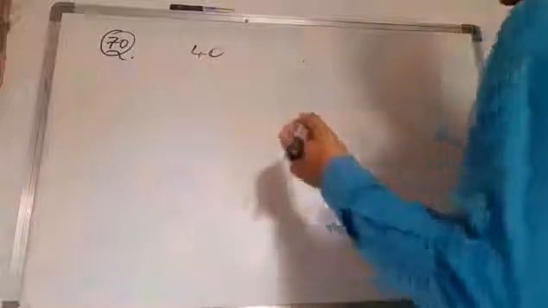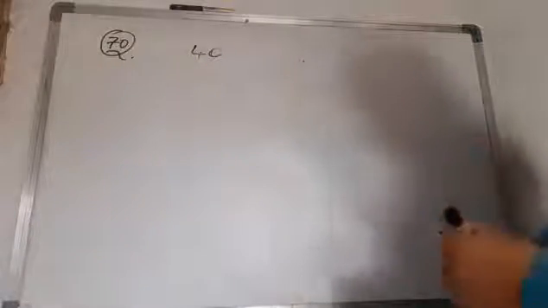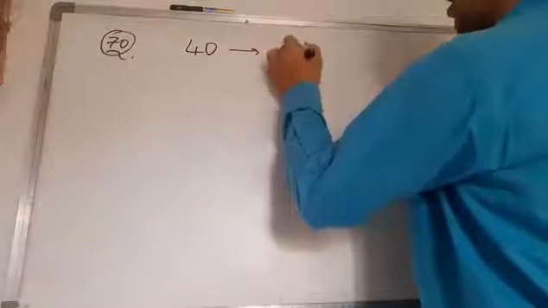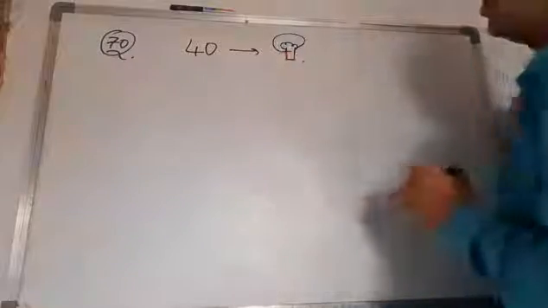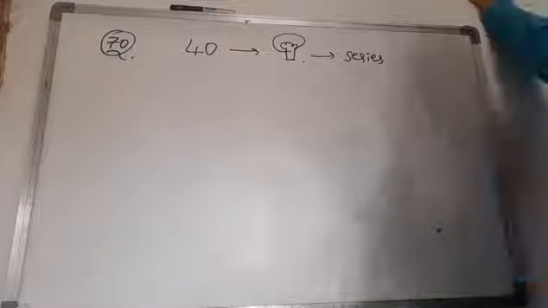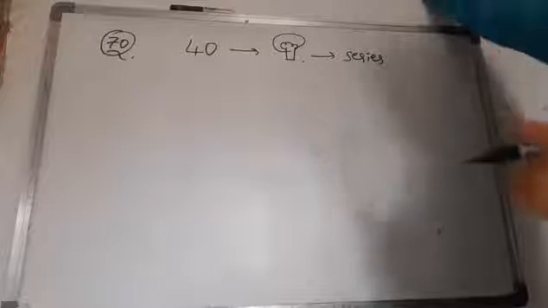So there are 40 electric bulbs, and these are connected in series. 40 electric bulbs are connected in series.